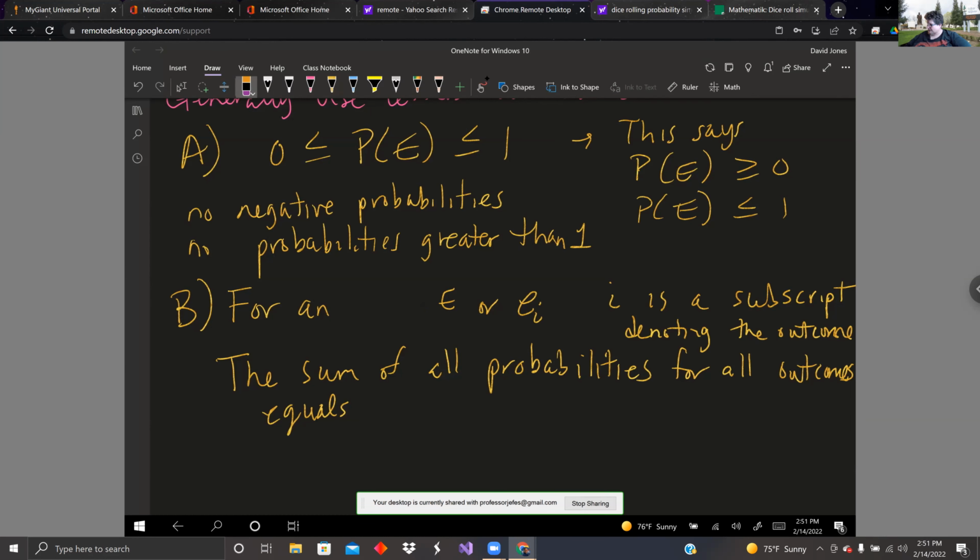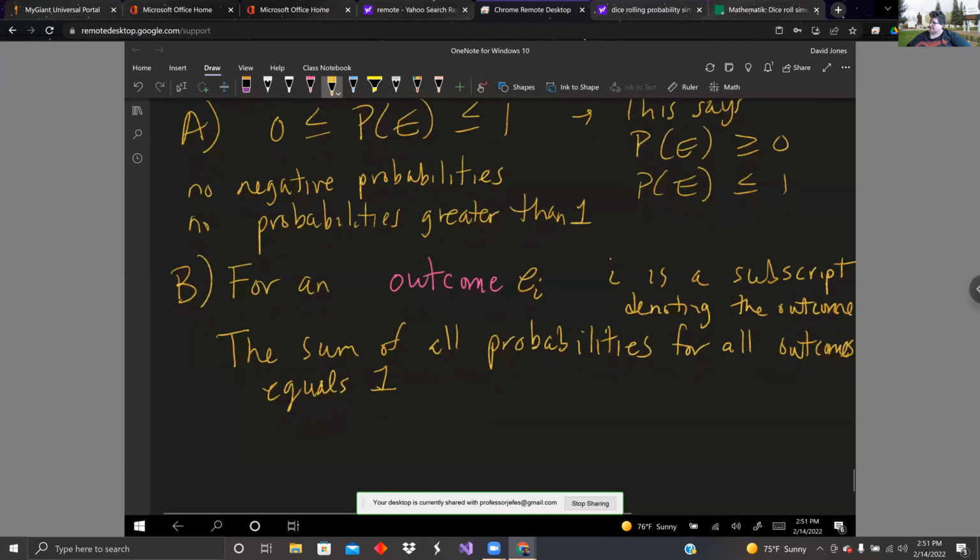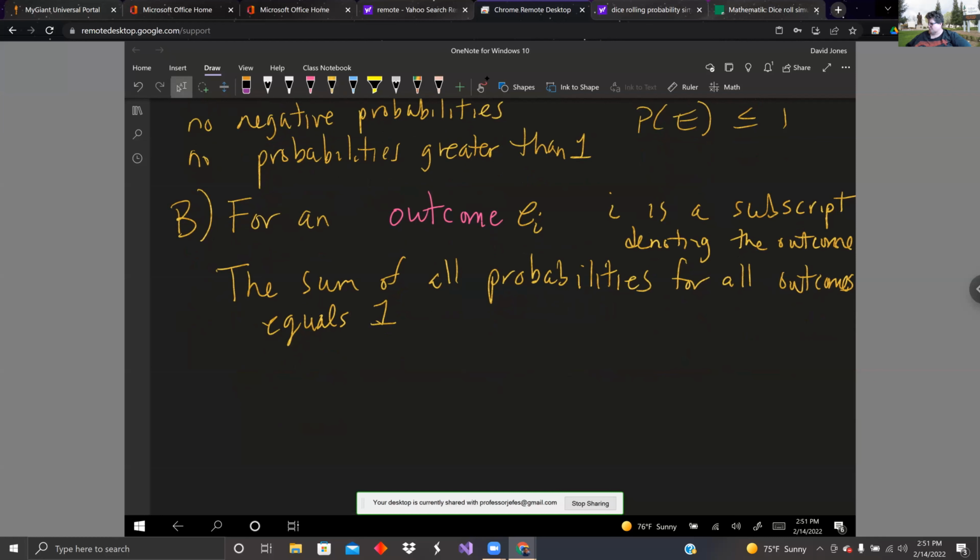I should say for an outcome Ei equals 1. And we've seen this symbol like that before, which means add it up. This is sigma. The probability of Ei equals 1. Those are the 2 rules of probability.